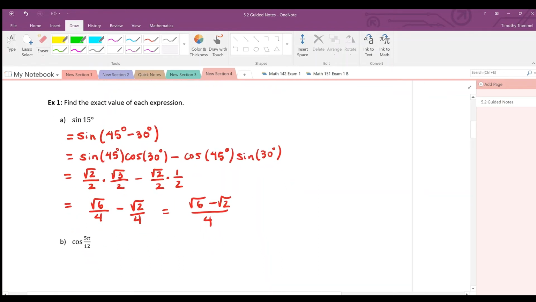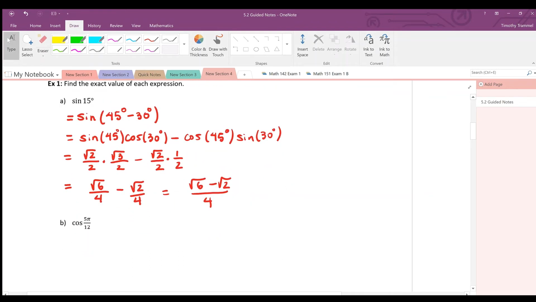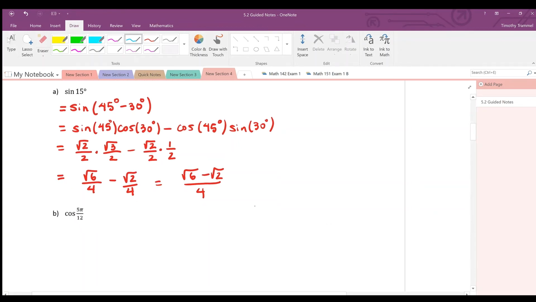Part B is going to be a little bit more challenging because we need to come up with two angles in radians that will add or subtract to 5 pi over 12. And let's just start thinking about some of these common angles here real quick.